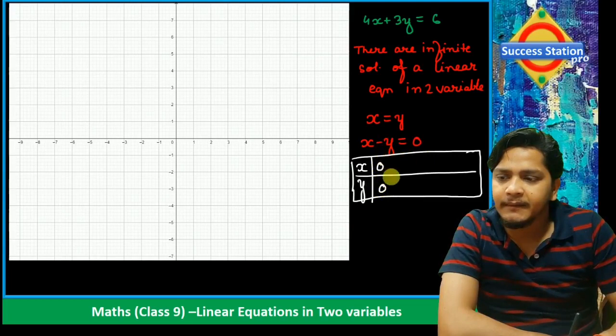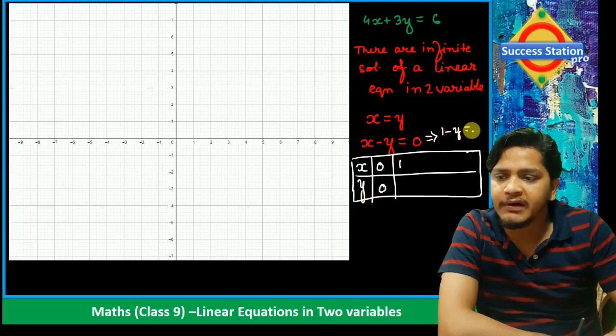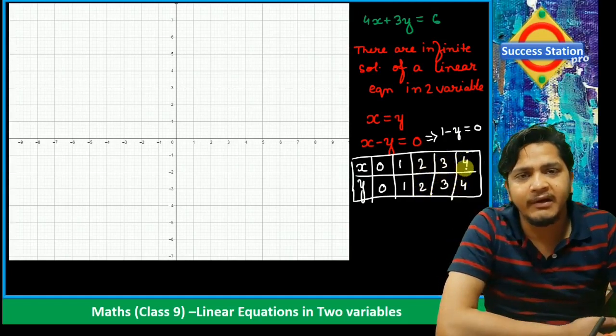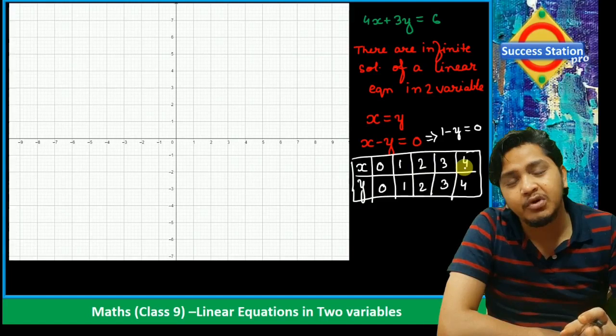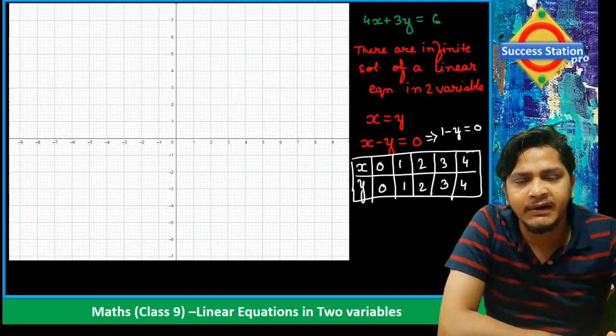Clear? If x equal to 1, 1 minus y equal to 0, so y is also 1. If x equal to 2, y is also 2. x equal to 3, y is also 3. x equal to 4, y is also 4. x equal to 5, y is also 5. It can go on because we have infinite numbers, till infinity.